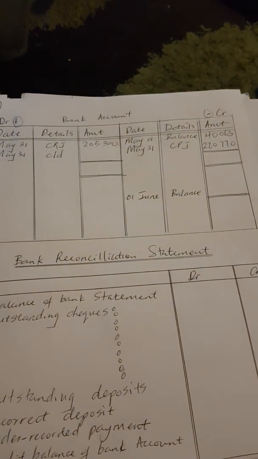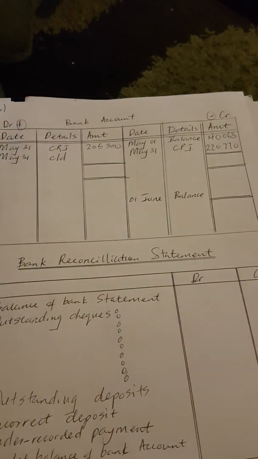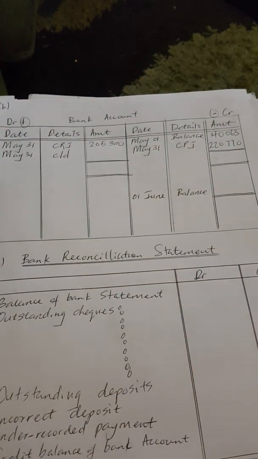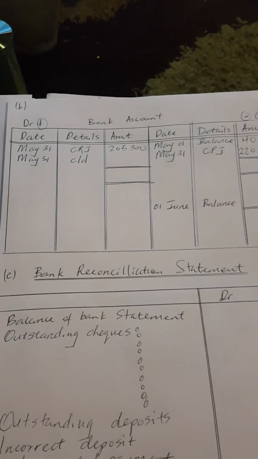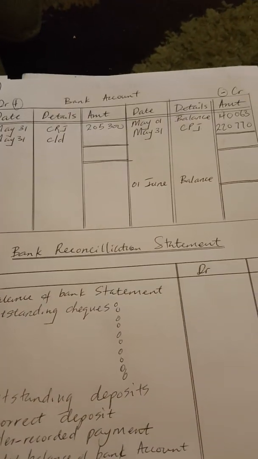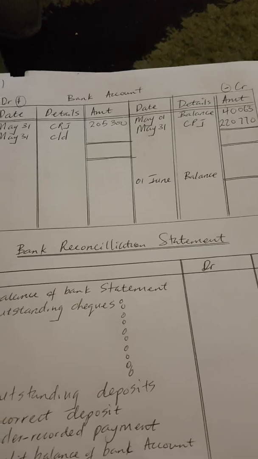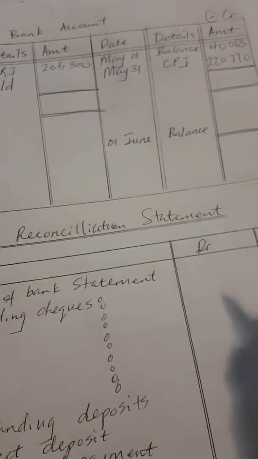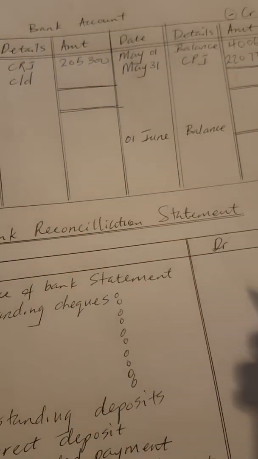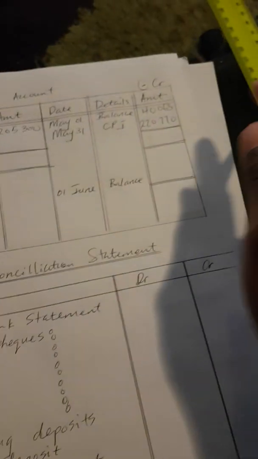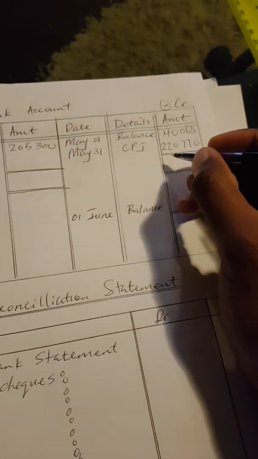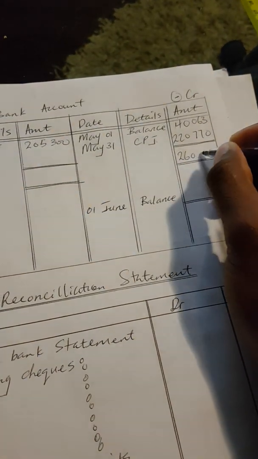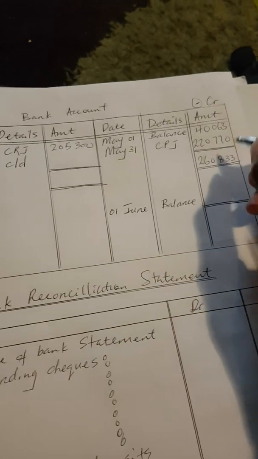So if you add 40,063 plus 220,770, you get 260,833.